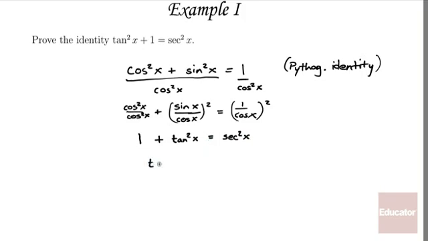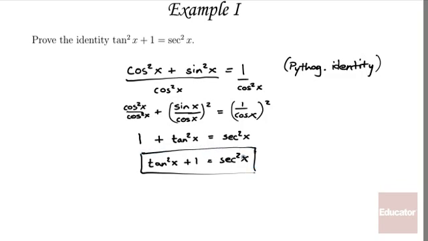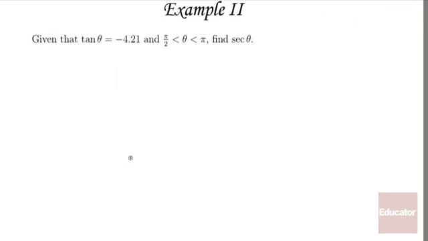And so you can just rearrange this into tangent squared x plus 1 equals secant squared x. That shows that this new identity is just a straight consequence of the original Pythagorean identity. So really, if you can remember that original Pythagorean identity, you can pretty quickly work out this new Pythagorean identity for tangents and cotangents.